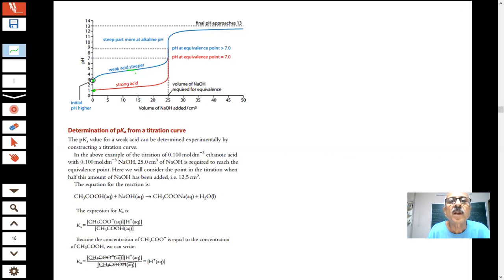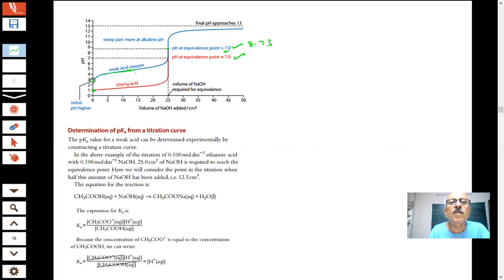This part is steeper. And the pH at the equivalence point for strong acid is how much? 7. And what is the pH at the equivalence point for weak acid and strong base? Greater than 7. This is 8.73. This was 7.